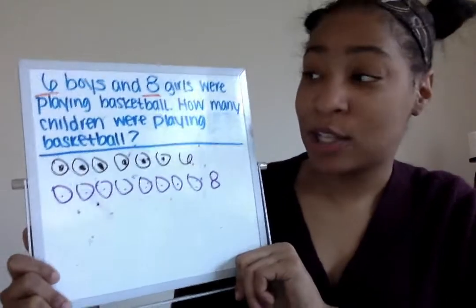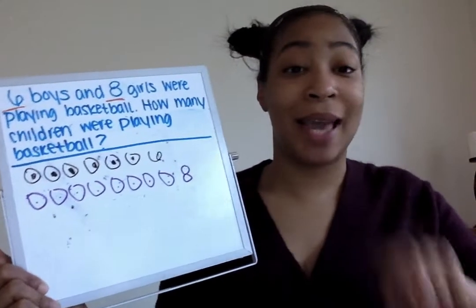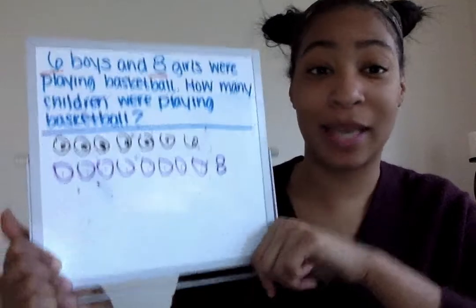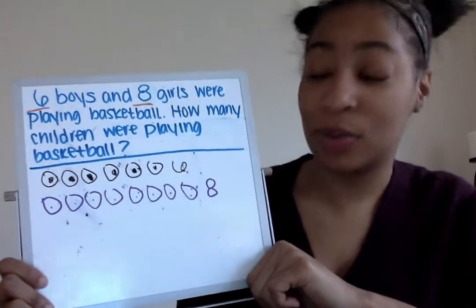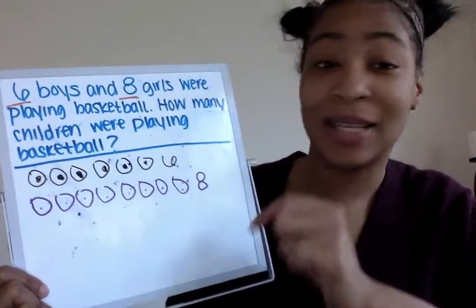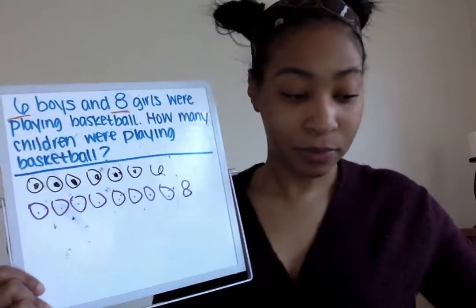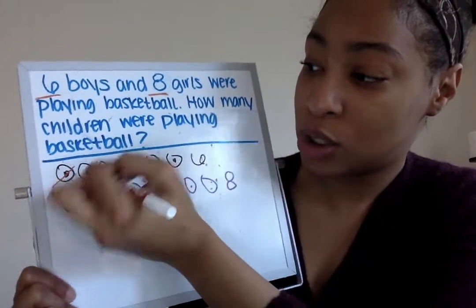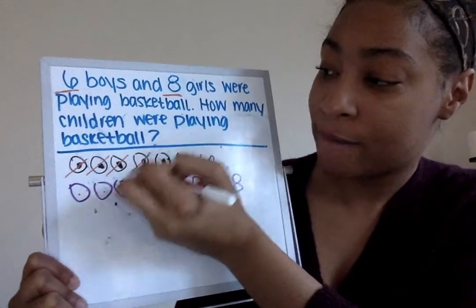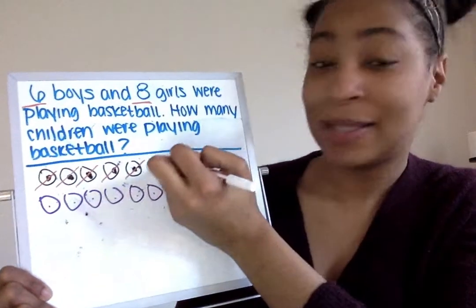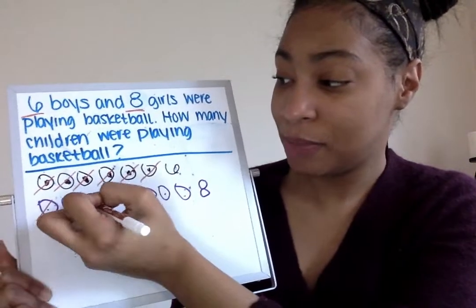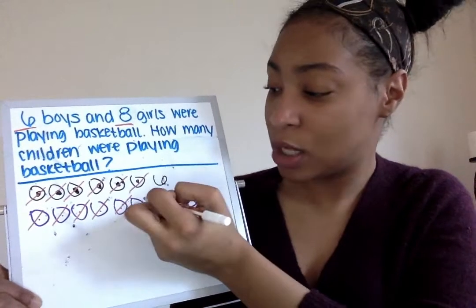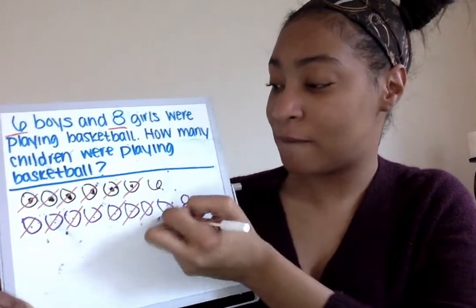Now, in the beginning, I asked you all, are we going to be adding all the kids together or taking some kids away? You all told me that we're going to add them all together. So the next thing I'm going to do is add all of my boys and all of my girls. So let's make sure that we're crossing and counting. 1, 2, 3, 4, 5, 6, 7, 8, 9, 10, 11, 12, 13, 14.